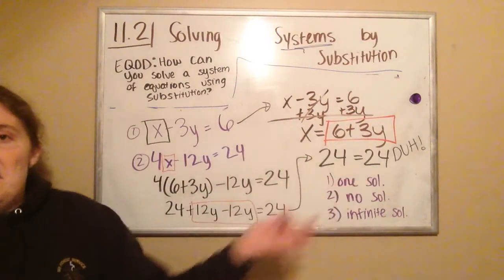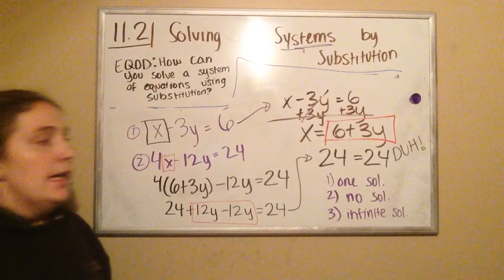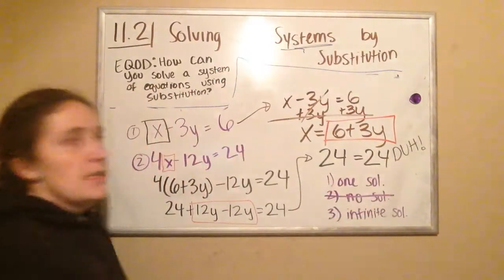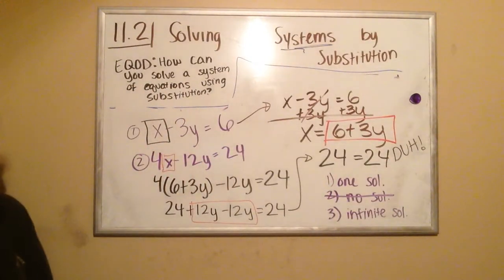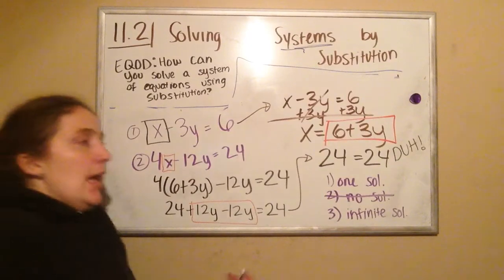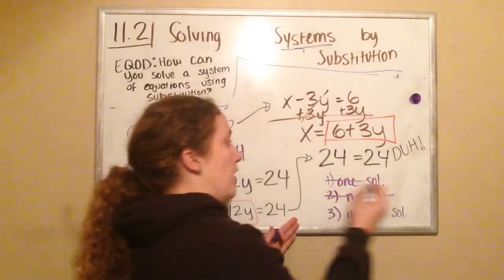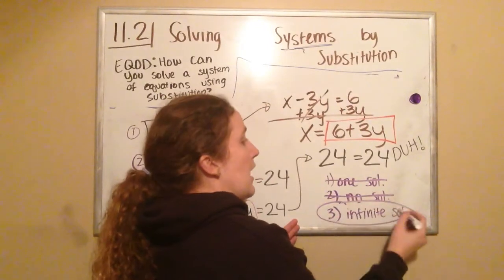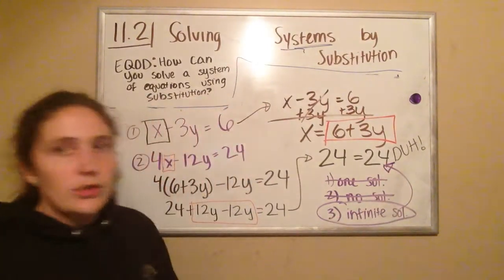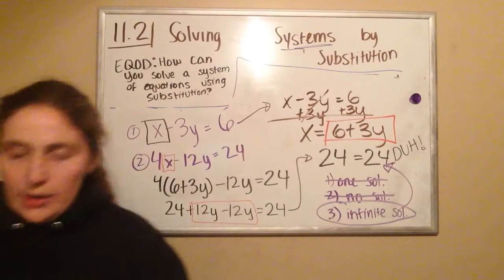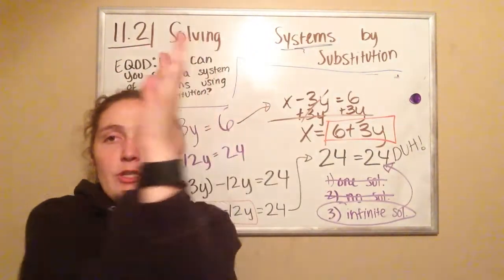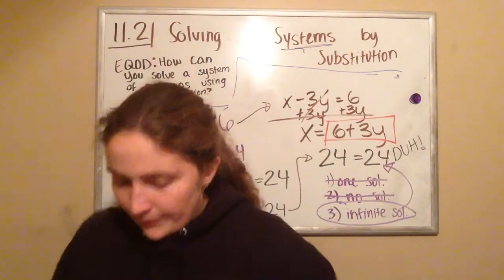Well, if this is like a duh, of course that's true, it's definitely not no solution because it's true. So it's not false, it's not no solution. It's not one solution because we couldn't find it. We couldn't find an xy coordinate. It's infinitely many because this is always true. 24 is always equal to 24. So that means the lines are right on top of each other.